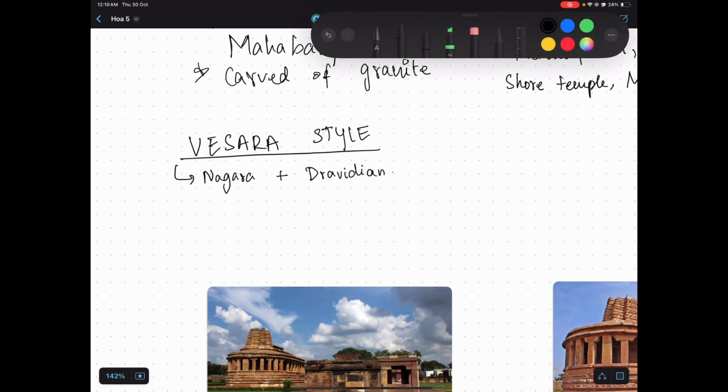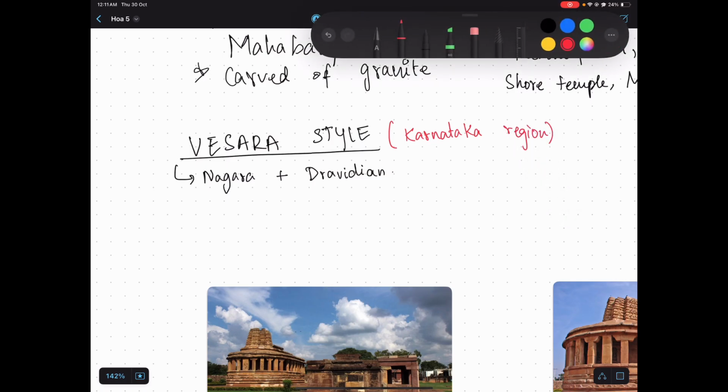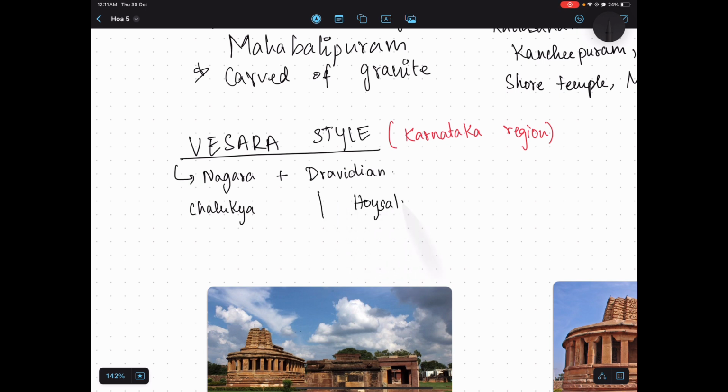And it was mostly in the Karnataka region. It had two dynasties using that style: first came Chalukya, and then Hoysala. So these two dynasties are the ones that used Vesara style a lot.